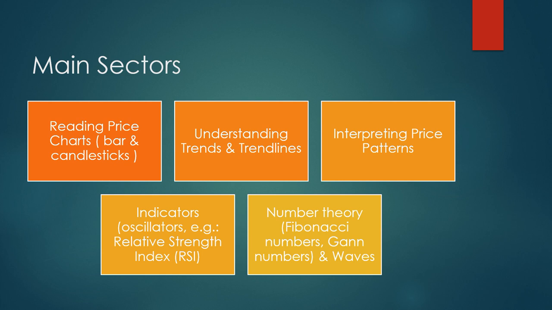One is reading price charts, like reading bar charts or candlestick charts. Then 2, understanding trends and trend lines. 3 is interpreting price patterns. 4 is understanding indicators like oscillators, like RSI and MACD. And then last is number theory, like Fibonacci and Gann numbers and waves.